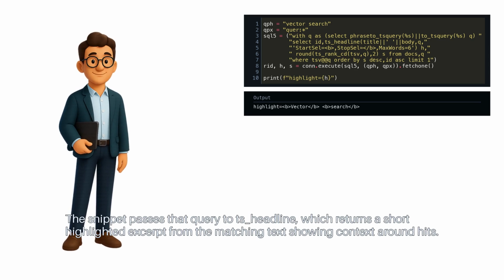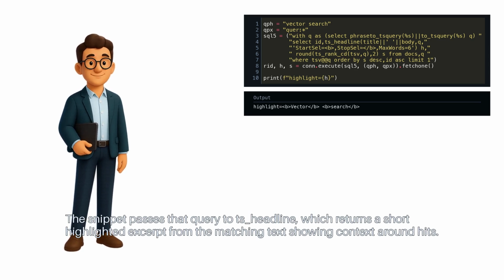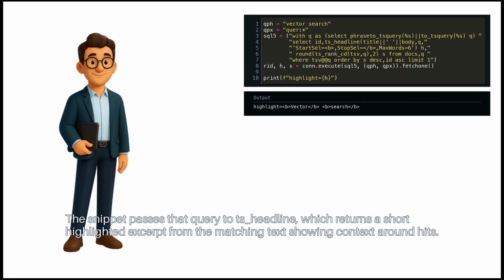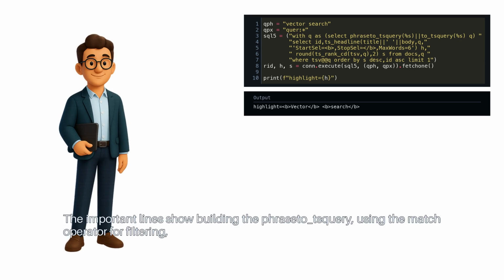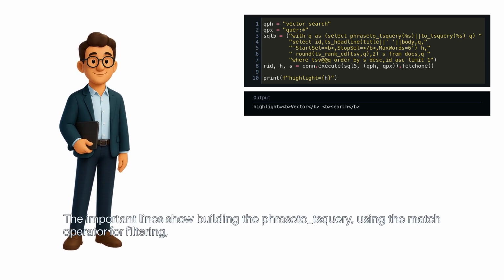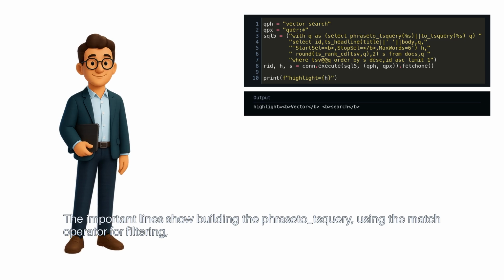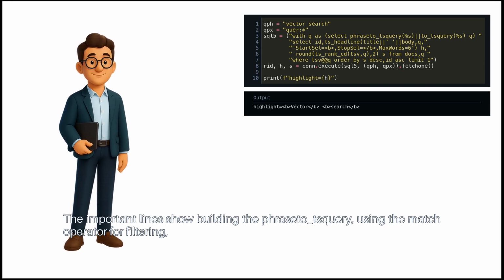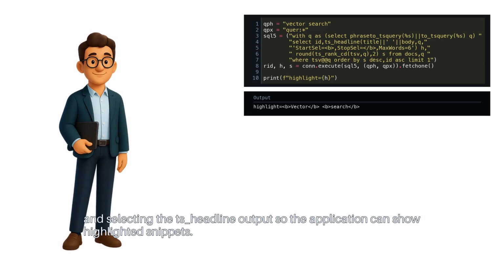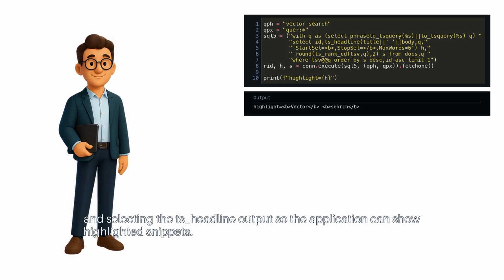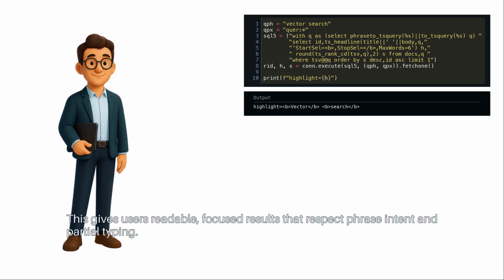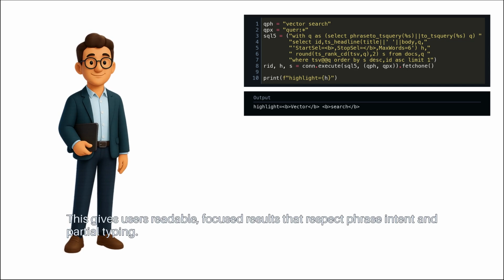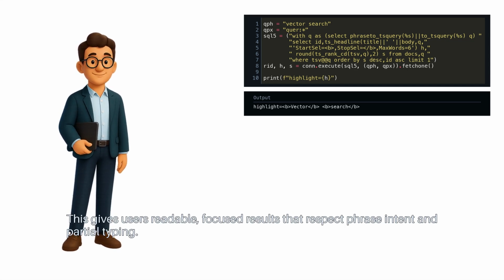The snippet passes that query to ts_headline, which returns a short highlighted excerpt from the matching text showing context around hits. The important lines show building the phrase tsquery, using the match operator for filtering, and selecting the ts_headline output, so the application can show highlighted snippets. This gives users readable, focused results that respect phrase intent and partial typing.